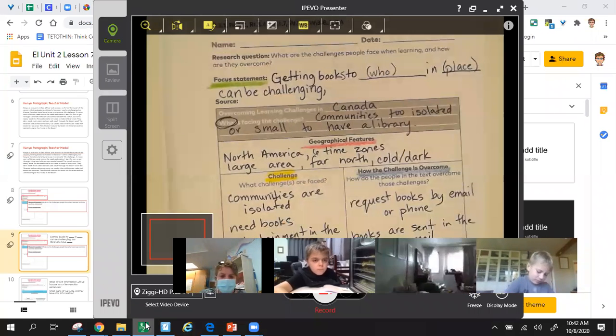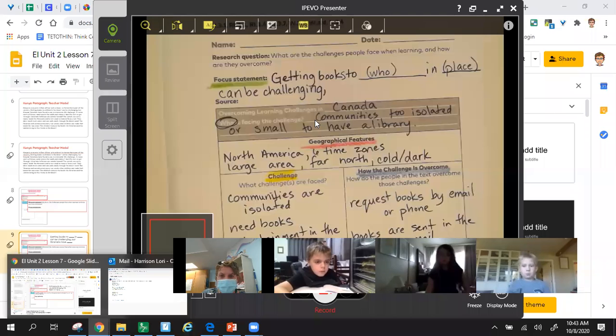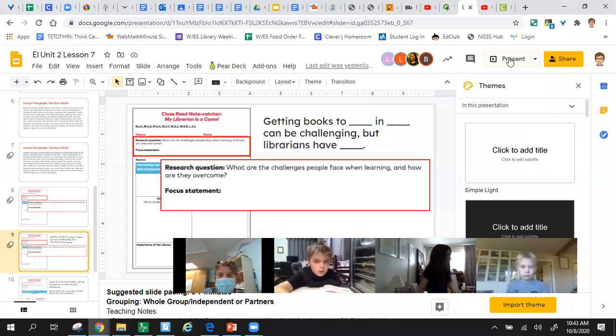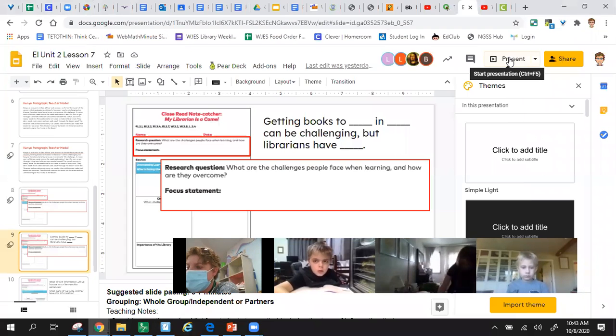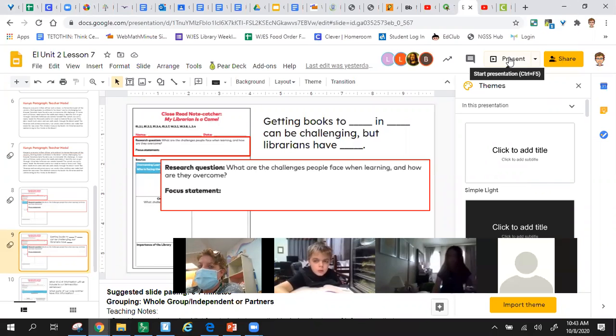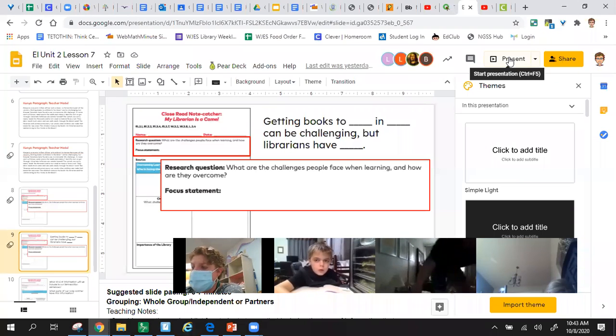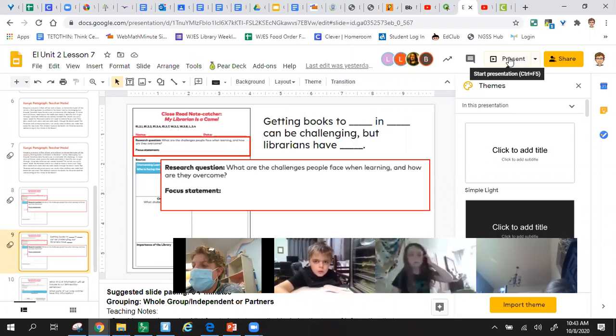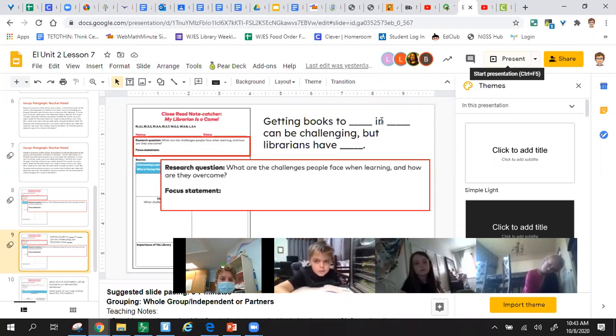but, toggle back again. Here we go, but librarians, here, let me go back to my doc camera. Is that better?